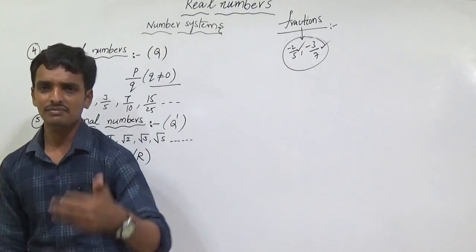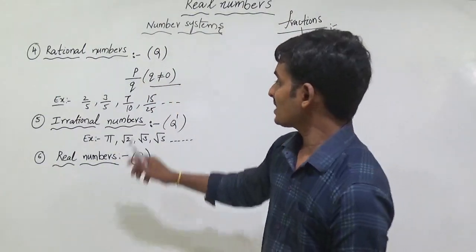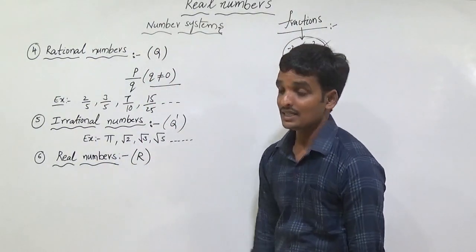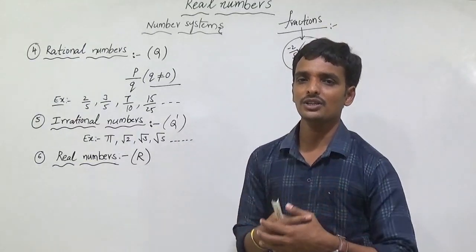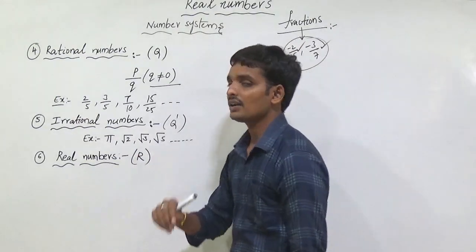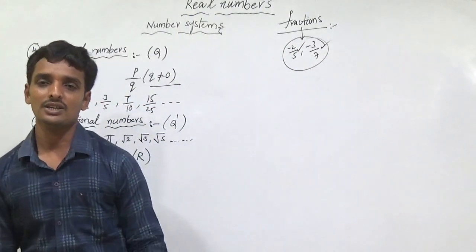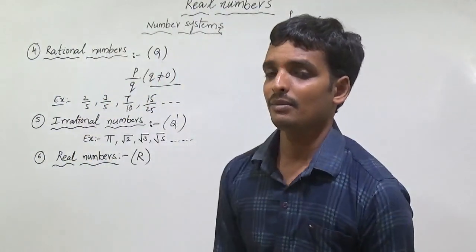Those are the set of rational numbers and irrational numbers. The combination, the set of rational or irrational numbers, is called real numbers. The set of rational numbers and irrational numbers are called real numbers.